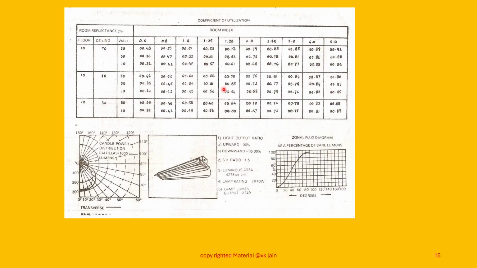Friends, same type of chart which I have shown in the previous slide, but it is for industrial trough cover light fitting with three tubes.